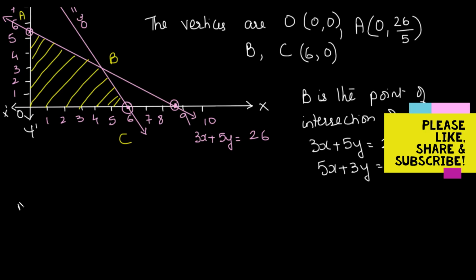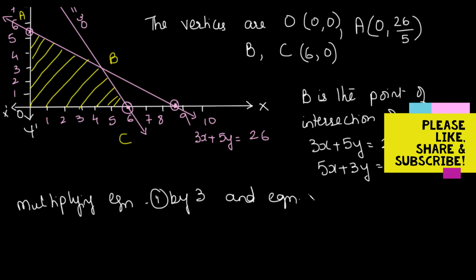So multiplying equation 1 by say 3 and equation 2 by 5, we are getting two more equations.